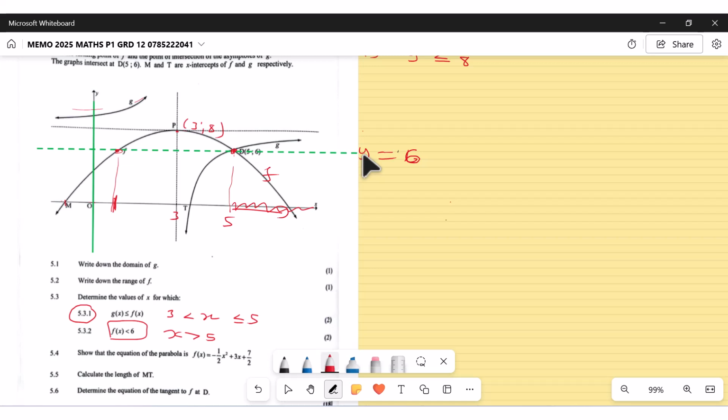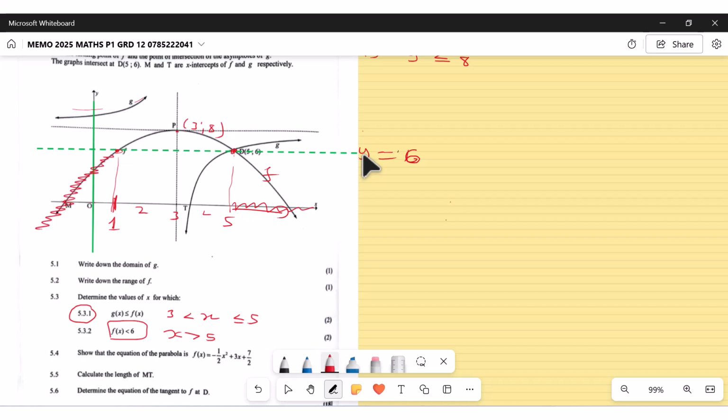So 2 units and also 2 units here. So now you see this parabola here, where I'm shading, it's below y equals 6. So the x values corresponding here are going to be less than 1. So it's going to be all x values less than 1. That's our answer here. Let us proceed.